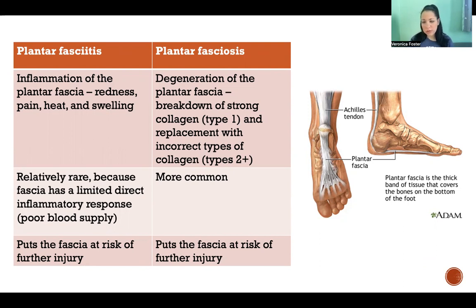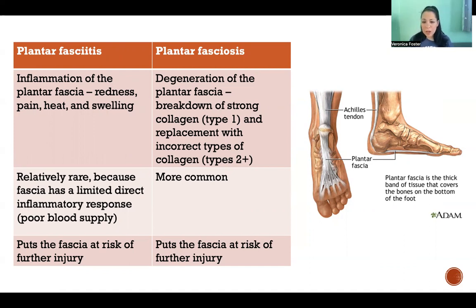Plantar fasciosis is a term that most people have not heard of before, but interestingly, most cases that are diagnosed as plantar fasciitis are actually more likely to be plantar fasciosis. So, any condition ending in osis refers to degeneration of that tissue, compared to anything ending in itis refers to inflammation.